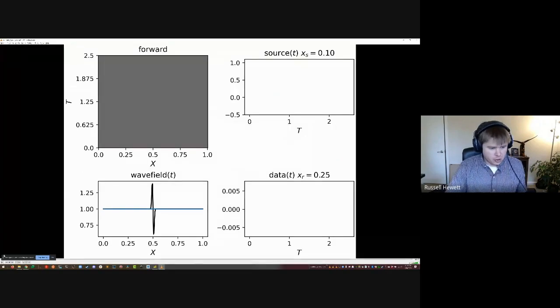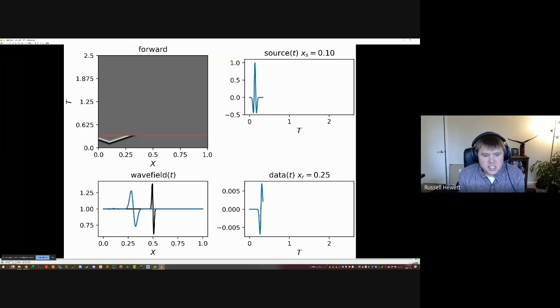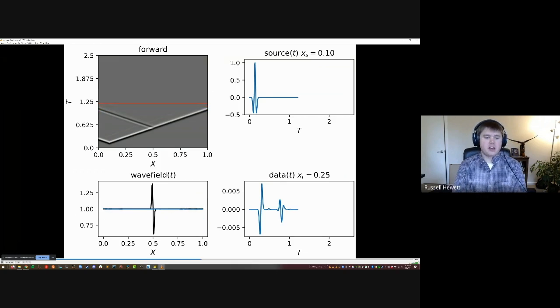So here's the first one. On the bottom left, you're going to see the instantaneous wave field at the current time, and then the source function as it evolves, as that's being injected into the problem, in the top right, and the data that's being recorded in the bottom right, along with the evolution of the space-time diagram. We can see right now we're going to hit the reflector. Some is going to transmit through, and some is going to reflect back into the domain.